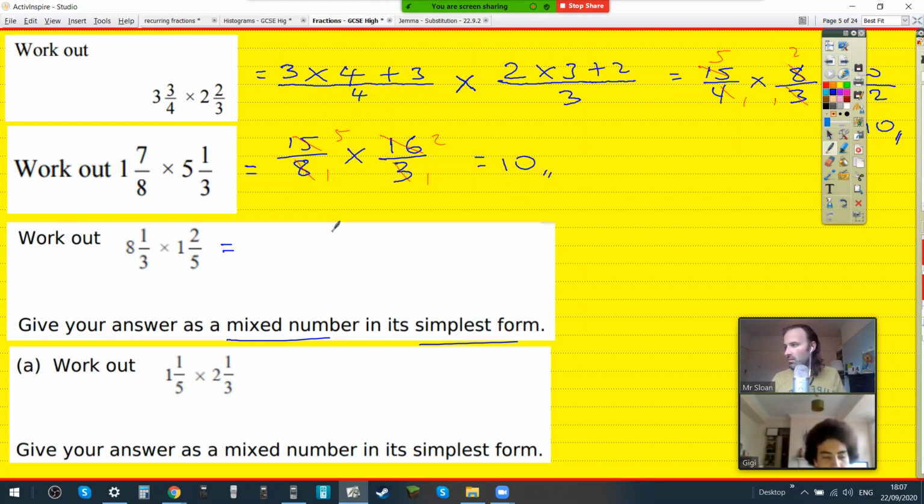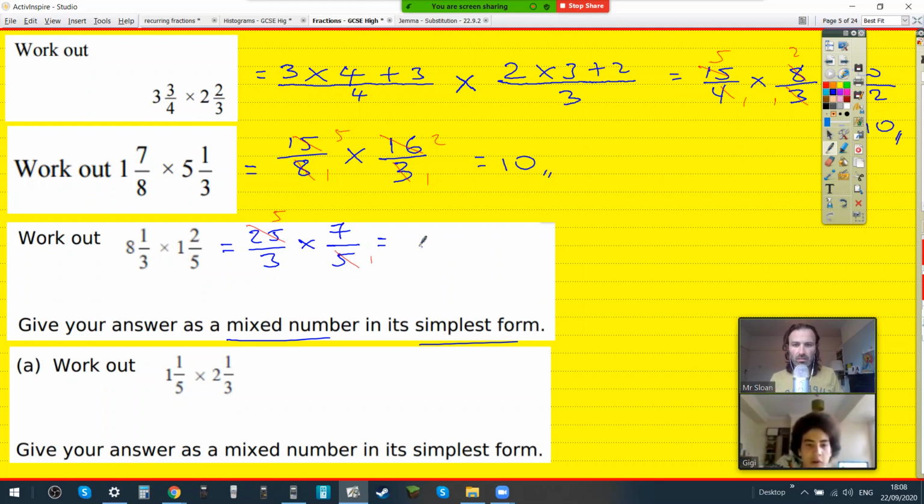It'll be 25 over 3 times 7 over 5. 25 and 5 would be 5 and 1.